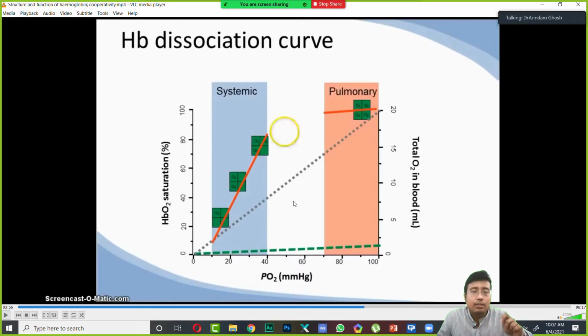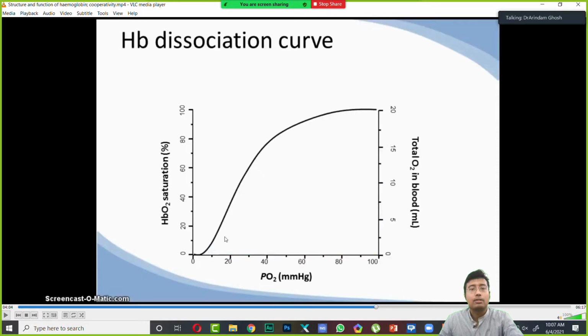It starts slowly, it goes up very rapidly, and then it already reaches maximum by the time it reaches the lung. So this ensures that the maximum amount of oxygen can be picked up from the lung and the maximum amount of oxygen can be delivered to the tissues, right? And if we simply plot the curve, it gives us a sigmoid shaped curve, right? Very important. So this is actually the oxygen dissociation curve.